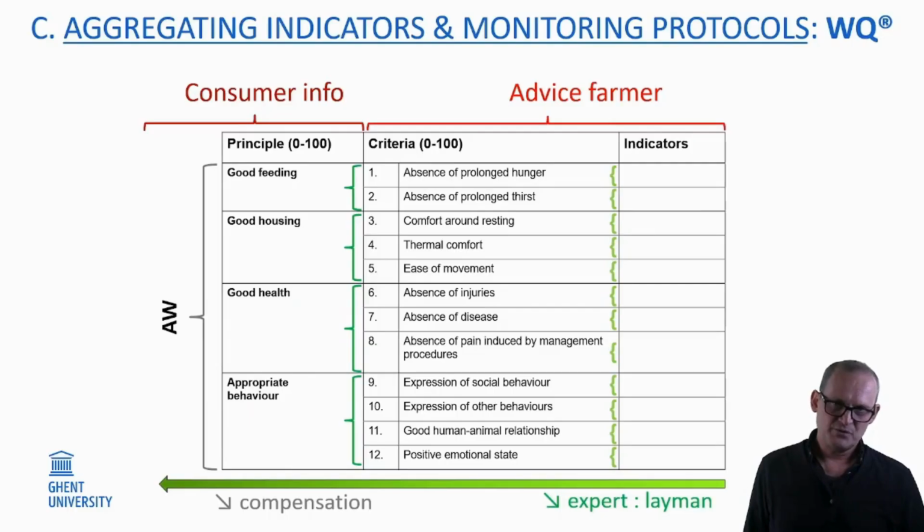This is because if you suffer from a certain health problem, the welfare is compromised, and it can't be compensated by having good scores on other aspects. If an animal, for example, is severely lame, it will suffer, and it will suffer severely, even if its body condition is still okay.